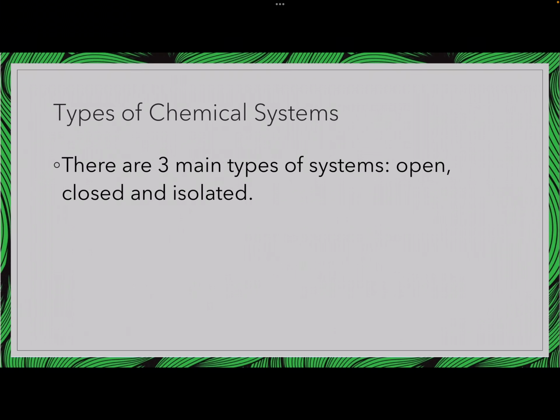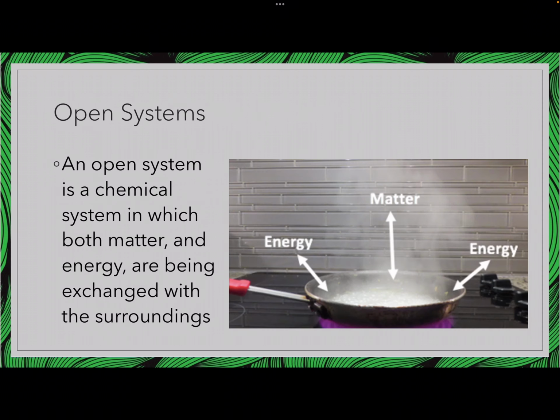Now, also going to have a look at chemical systems. There's three main types of chemical systems: open, closed, and isolated. An open system is a chemical system in which both matter and energy are being exchanged with the surroundings. We can have a look at this example of a pan boiling some water.